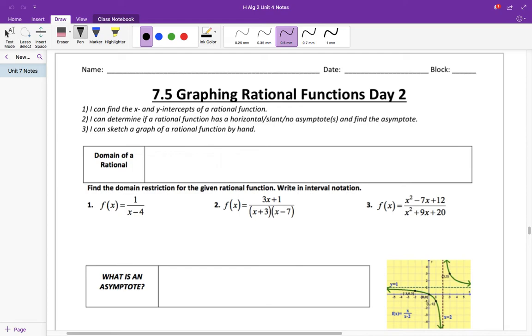So starting with that, we're going to start by looking at the domain of a rational function. Basically, this is all real numbers except those that would make the denominator equal 0.